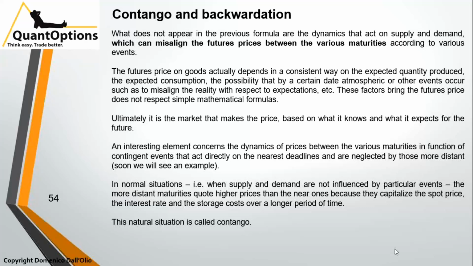These factors mean the futures price does not respect simple mathematical formulas. Ultimately, it is the market that makes the price, based on what it knows and what it expects for the future.